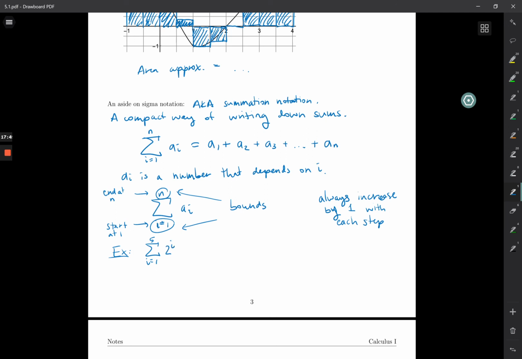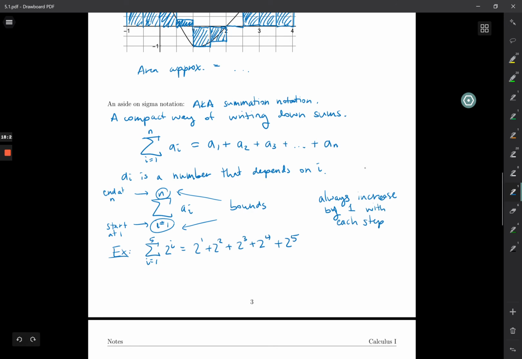And see, if we replace i with a number between 1 and 5, then we get a number, right? So this is going to represent the sum 2 to the 1 plus 2 to the 2 plus 2 to the 3 plus 2 to the 4 plus 2 to the 5, right? And we could sum this up and get an actual number for this, but I'll skip that part. So this is just the meaning of the sigma notation.